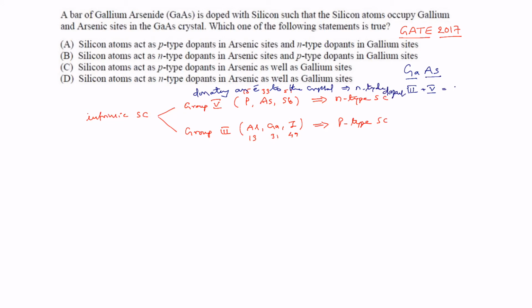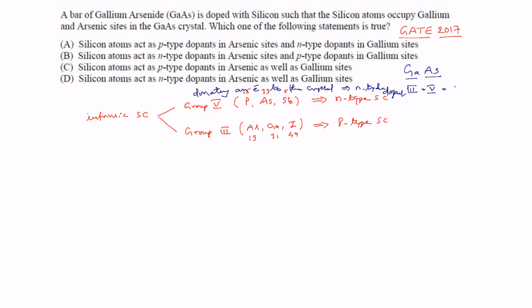If you look at a P-type semiconductor, it accepts an electron from the crystal structure, so it is called an acceptor or P-type. Whenever it accepts, a hole is created in the silicon crystal.